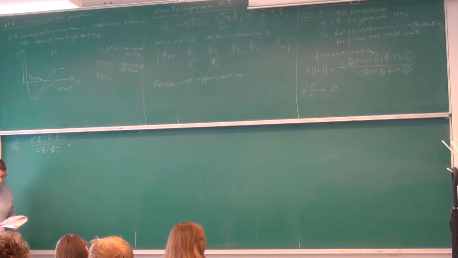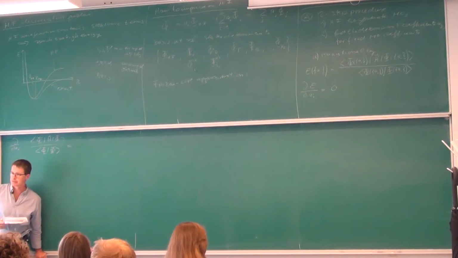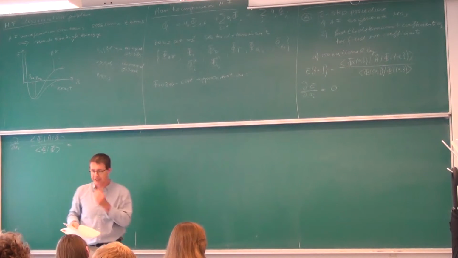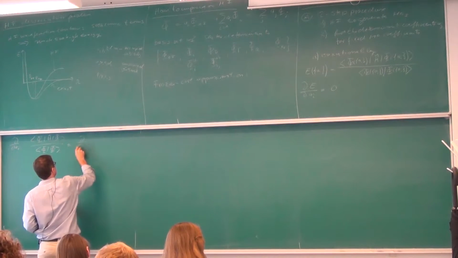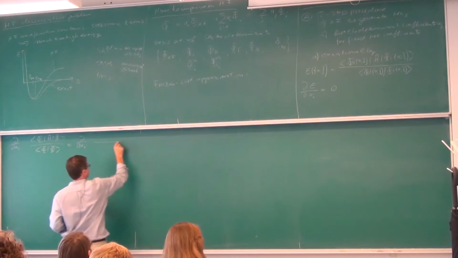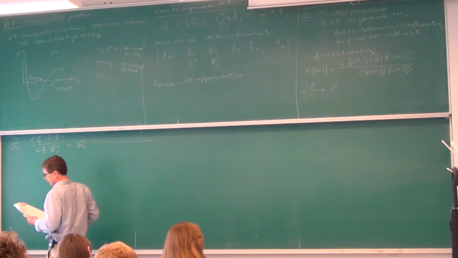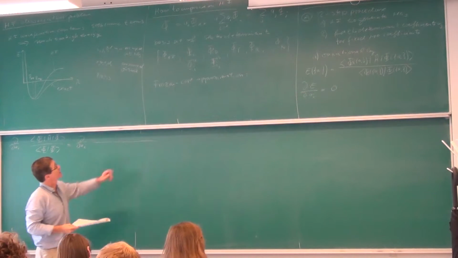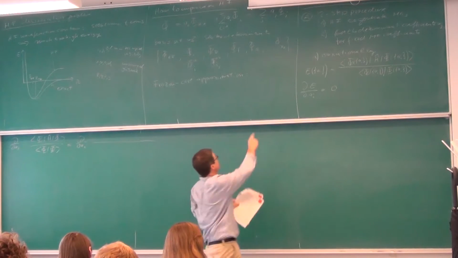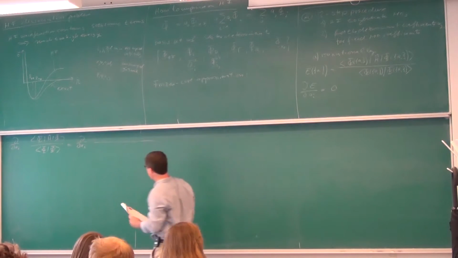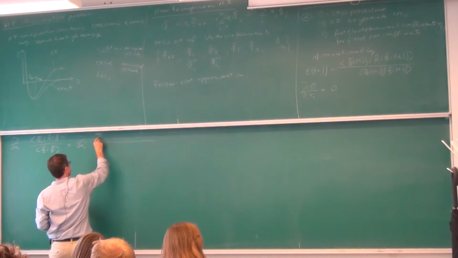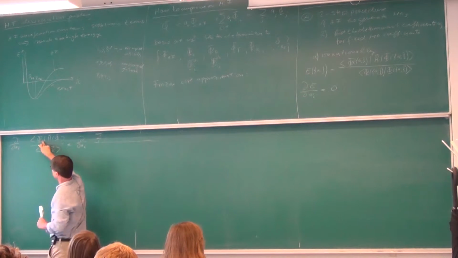In the first place I have to insert my expansion, otherwise there's not much point taking the derivative. So that's the derivative with respect to AI, and then inserting the expansion, I get a sum over I here for the left one.